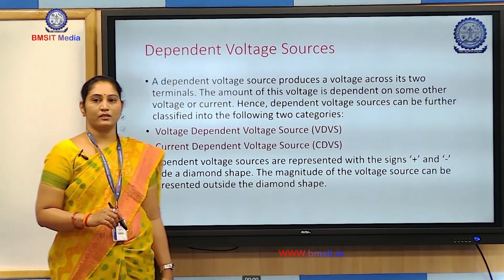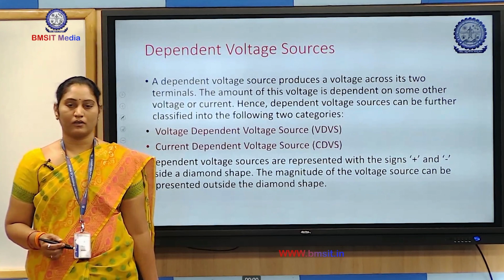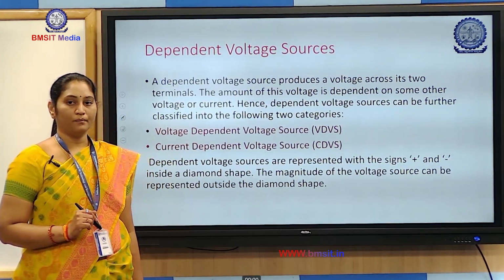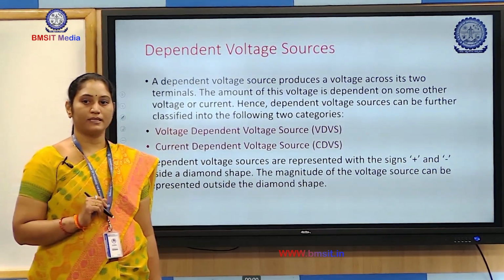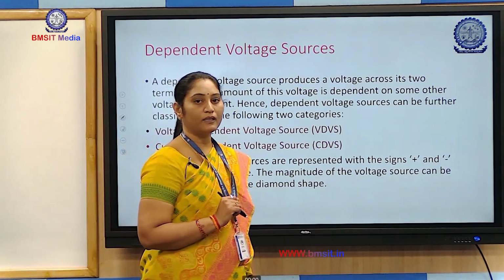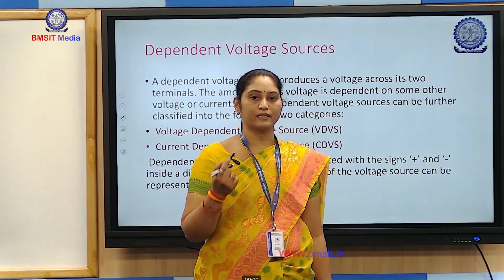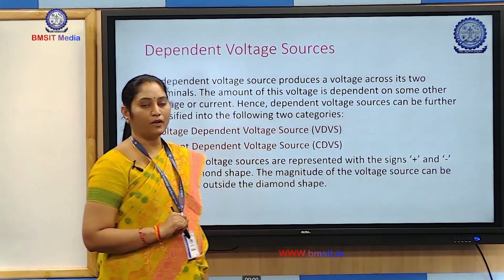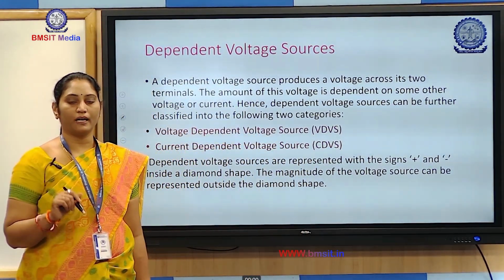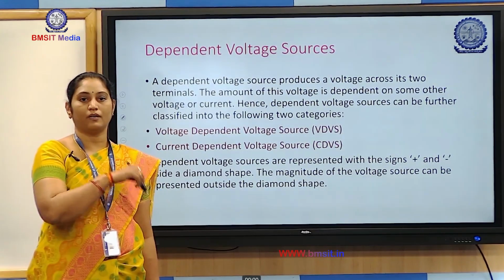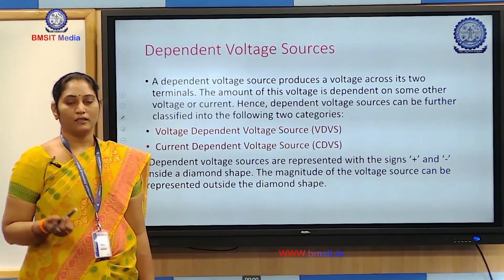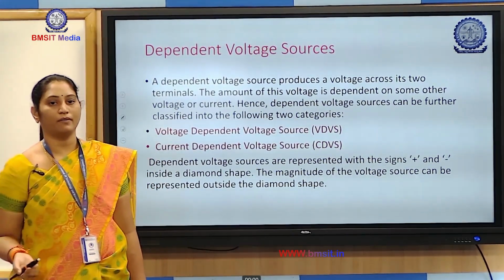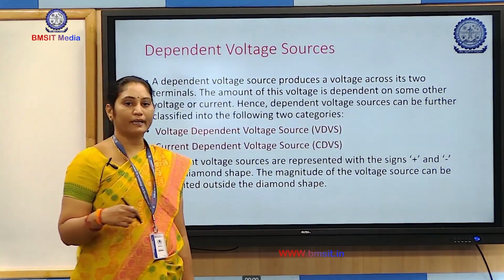A dependent voltage source produces a voltage across its terminals. The amount of this voltage is dependent on some other voltage or current present in the network. Suppose I have 5 volts in the network and a dependent source which depends on the 5 volt source, then the value of the dependent source will vary depending upon the network elements.